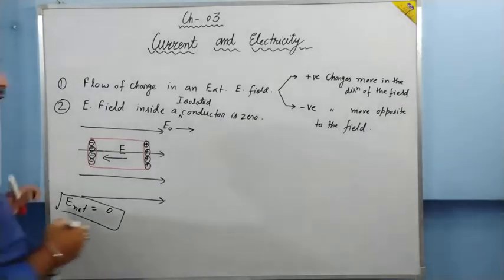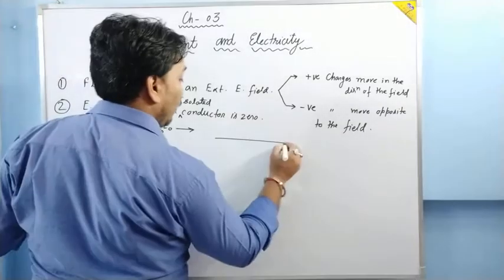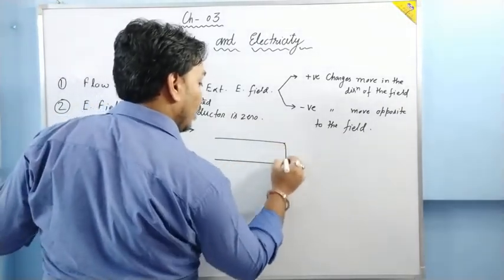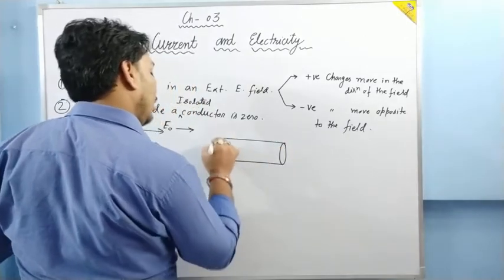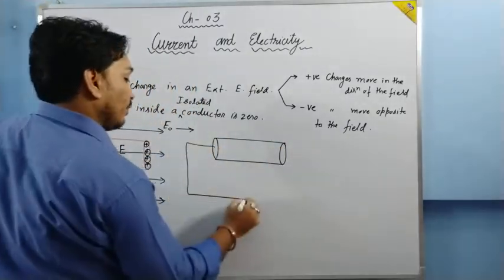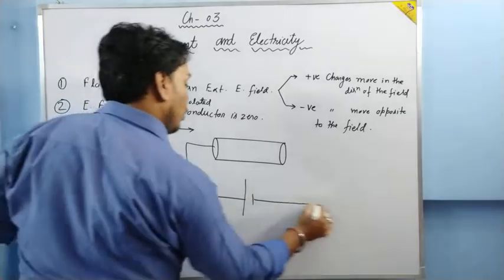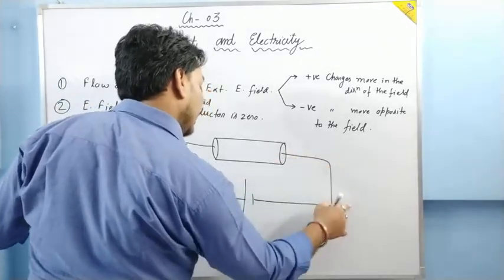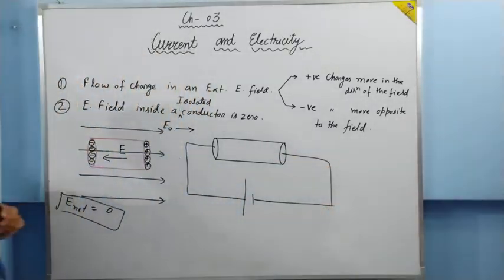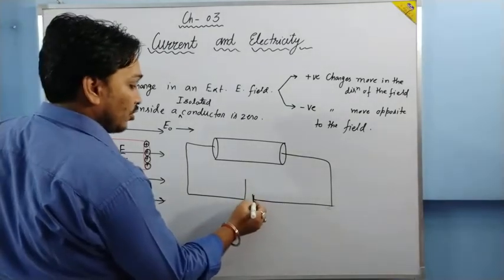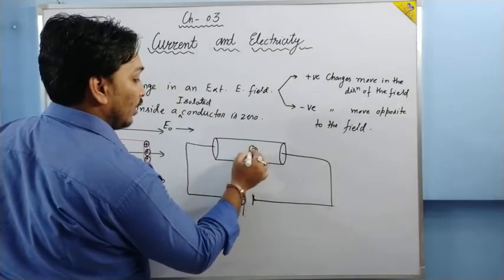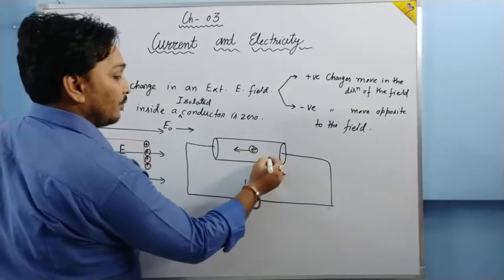But somehow if you maintain the electric field inside the conductor by applying a source, say a cell, then what will happen? Now what happens? Due to this repulsion of negative charge, electrons will move toward this side.